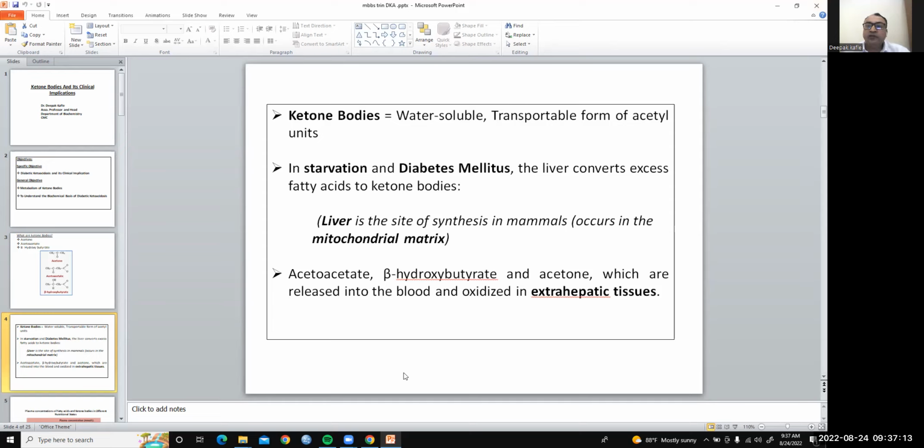And the main purpose of ketone bodies in our body is that they can be utilized by the extrahepatic tissues like the heart, the brain, renal cortex, as well as cardiac and skeletal muscles as a fuel source.